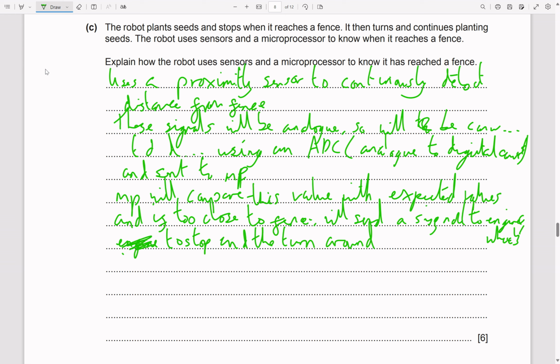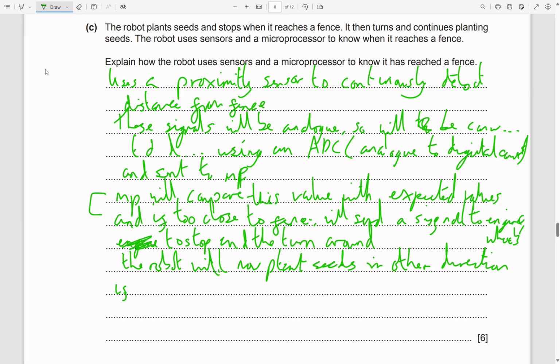So this is what happens if it's not in the expected range. The robot will now plant seeds in the other direction. So here we've mentioned what happens if it's not in the expected range.